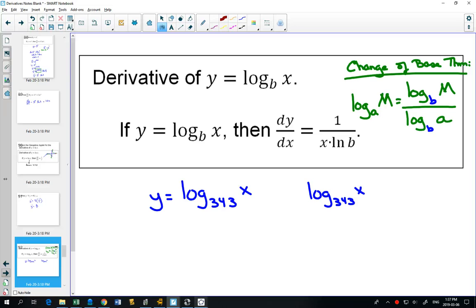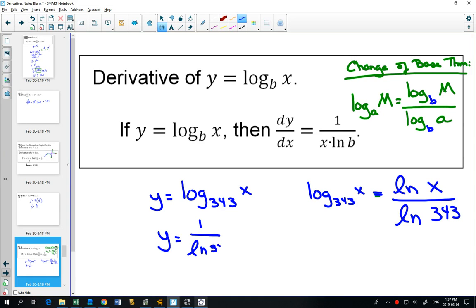So that means I can change log base 343 of x to the natural log of x divided by the natural log of 343. And the natural log of 343 is just a number. So I could rewrite this as 1 over the natural log of 343 times the natural log of x.